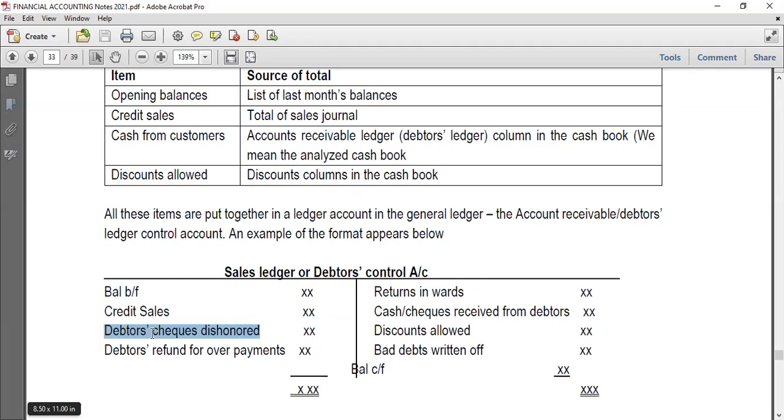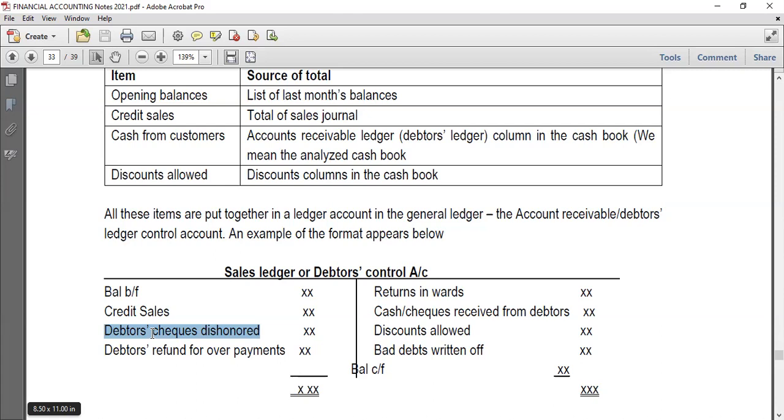We go ahead to credit our debtors account. Now, if we go to the bank and the bank bounces that check, it means that the debtor whom we had written off, whom we thought had paid us, now has to pay us another amount of money, either through cash or give us another check.